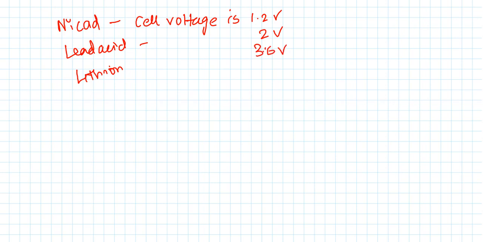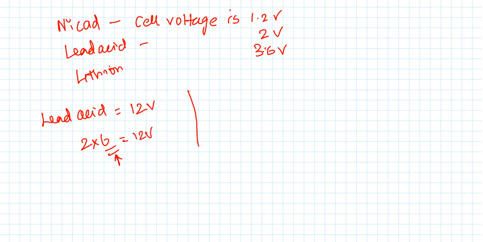If I say the lead acid battery has 12 volt, it means it is 2 into 6, so it has 6 cells. The 6 cells form the pack of the battery, so the total voltage will be 12 volt.